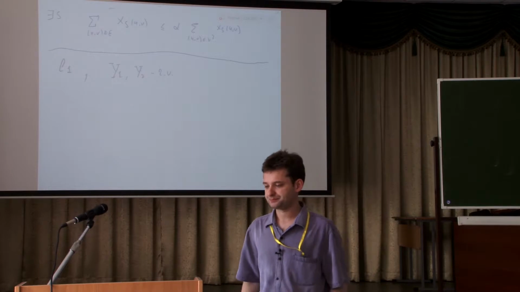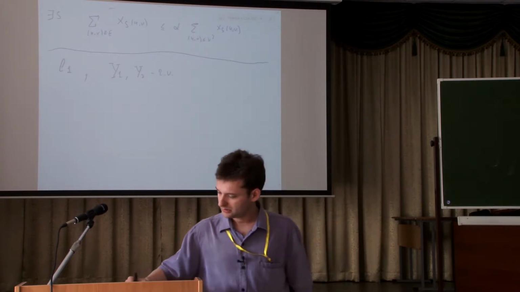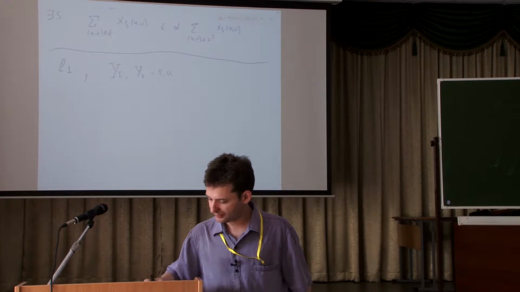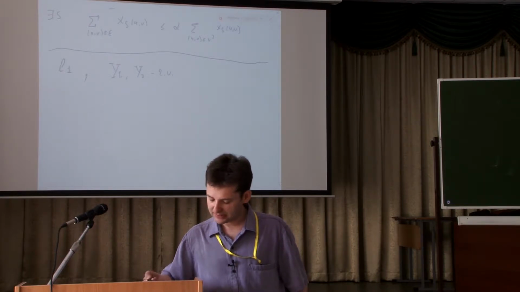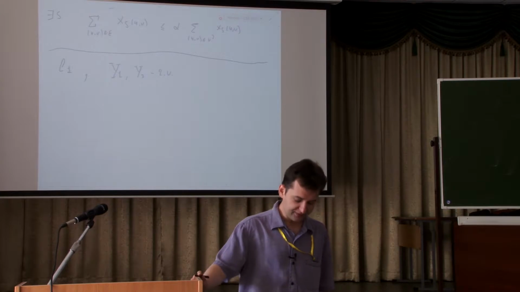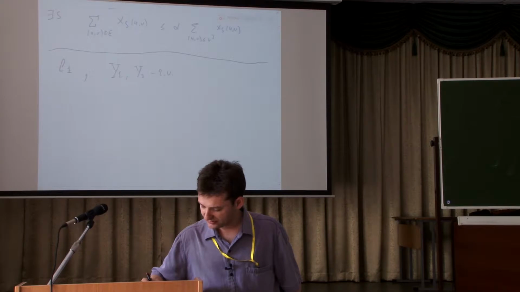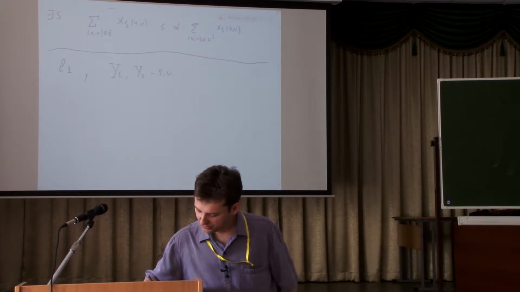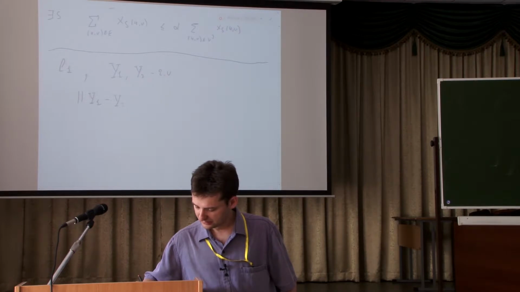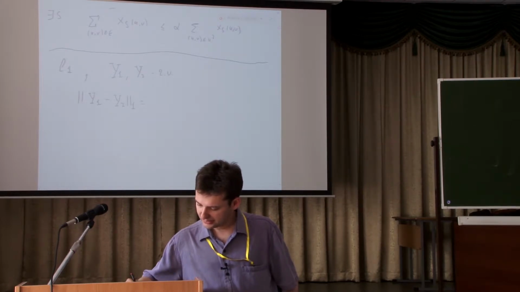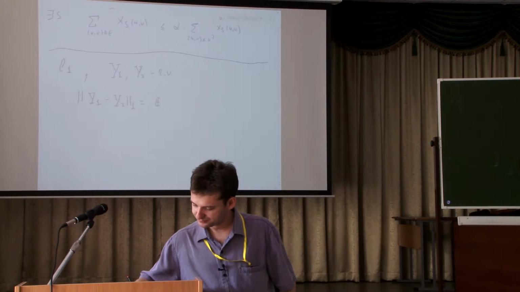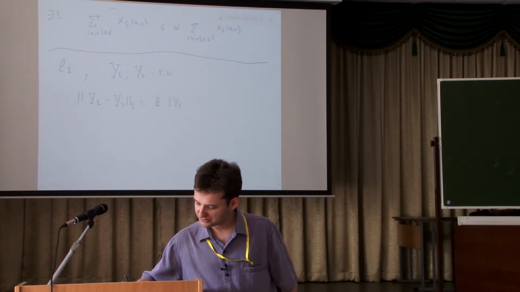And for the purposes of this talk, we think of these random variables as defined on a finite probabilistic space. So the L1 distance between these random variables is equal to the expectation of the absolute value of y1 minus y2.